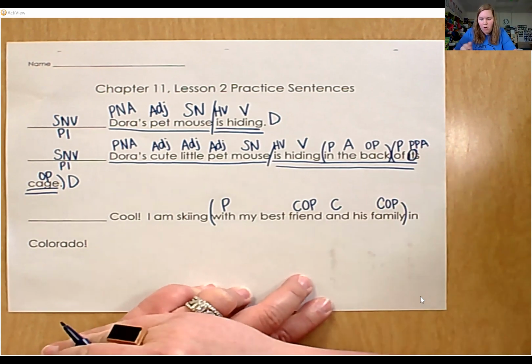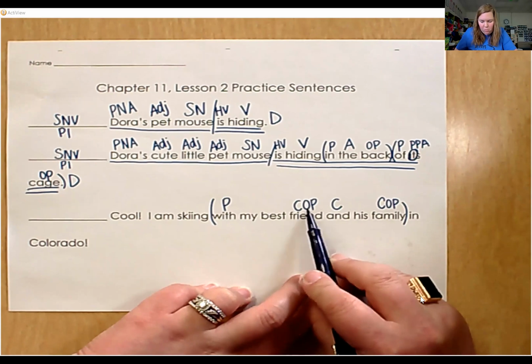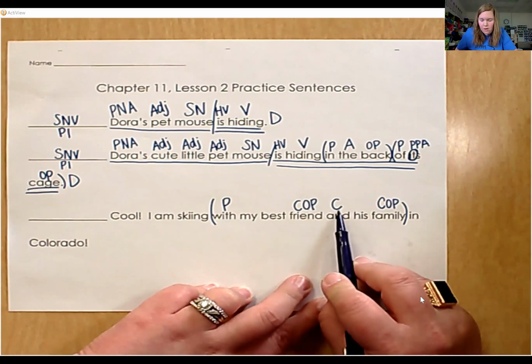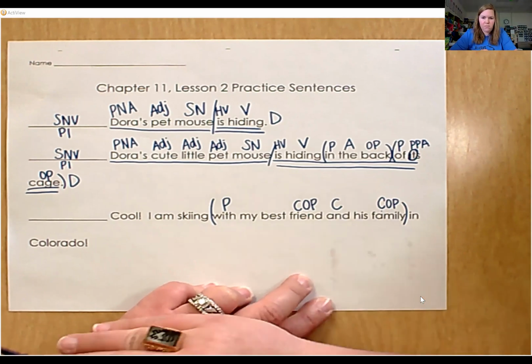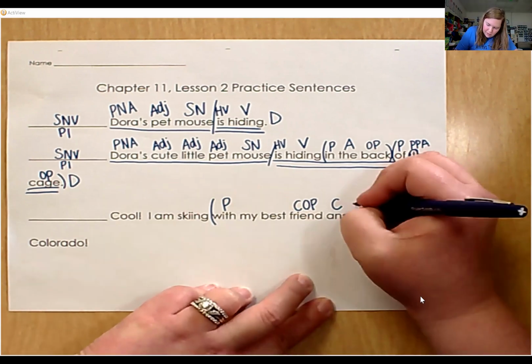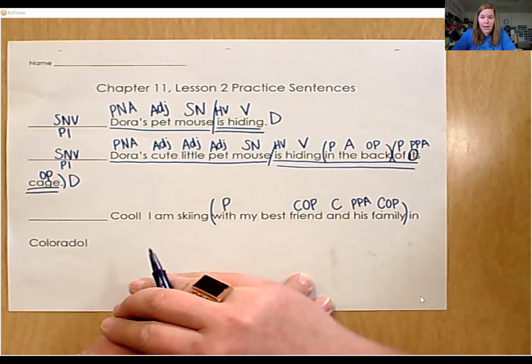Skiing with 2 people. Friend, compound, object of the preposition. We have and, which is a conjunction. Family, compound, object of the preposition. So this is a very long prepositional phrase. Whose family? His, possessive pronoun adjective. His is a pronoun, so PPA.